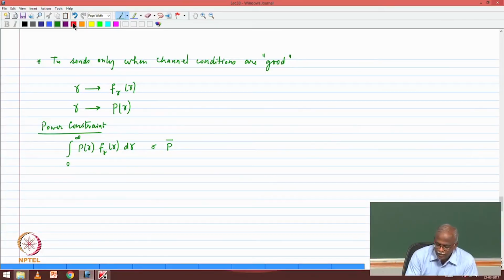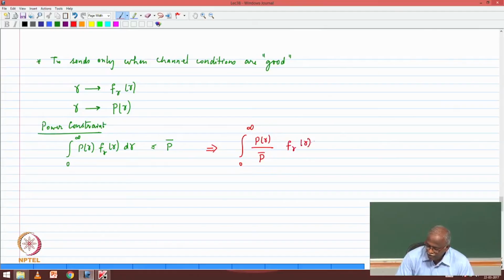Now this can actually be written in a more effective form, which can be expressed as follows: the integral from 0 to infinity of P of gamma divided by P bar, times f gamma of gamma d gamma, is less than or equal to 1. It's a very nice constraint. Basically it says, don't look at P of gamma as an independent quantity, look at it as a scaled number.